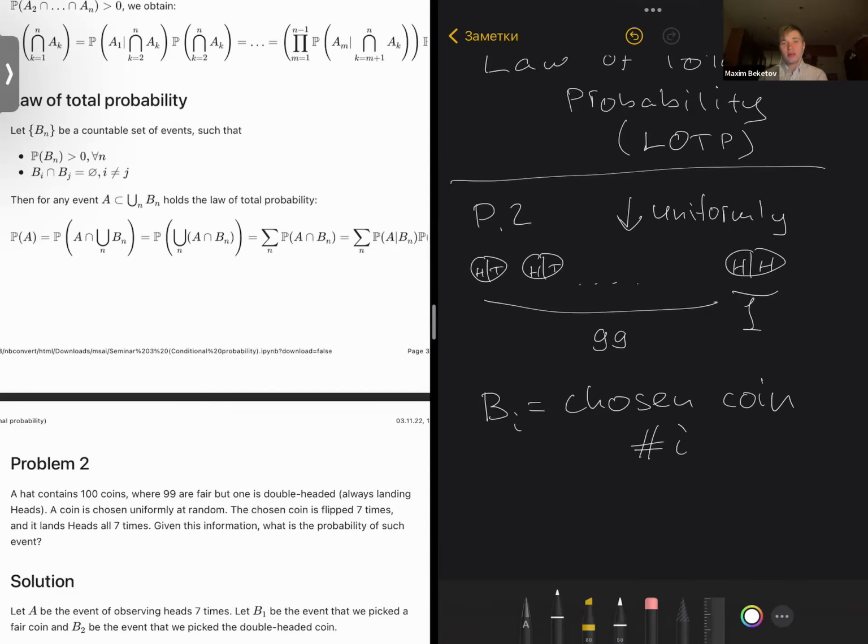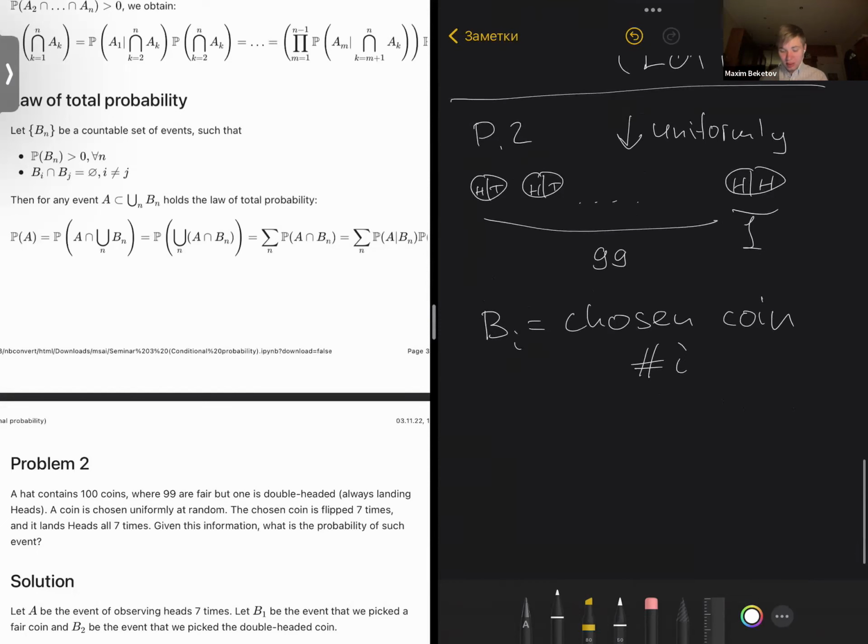Is it true that such events don't intersect? I guess it is, because if we've chosen coin number i, then it means we have not chosen some other coin, right? So there is no outcome where 2 different B_i's happen, in our setting.